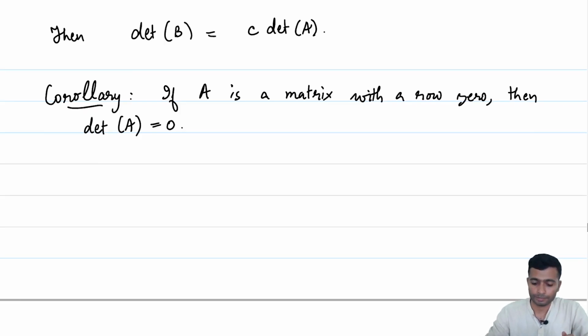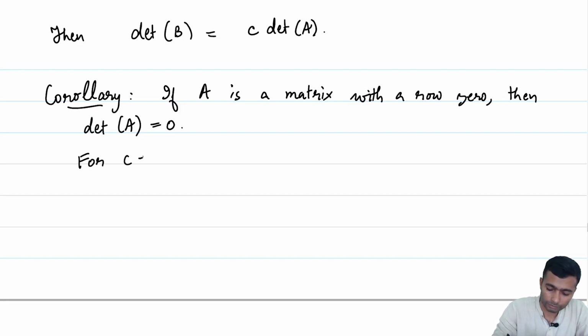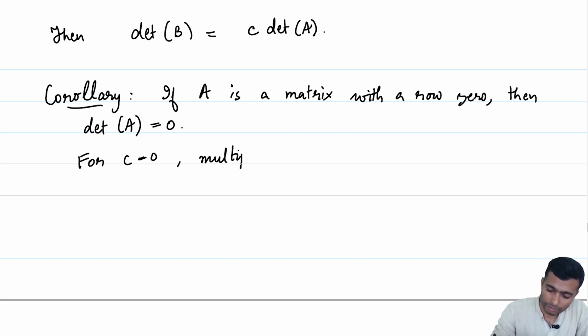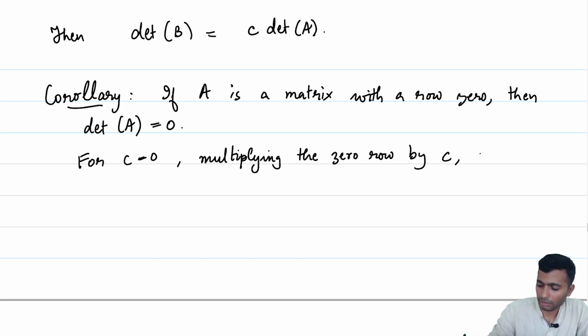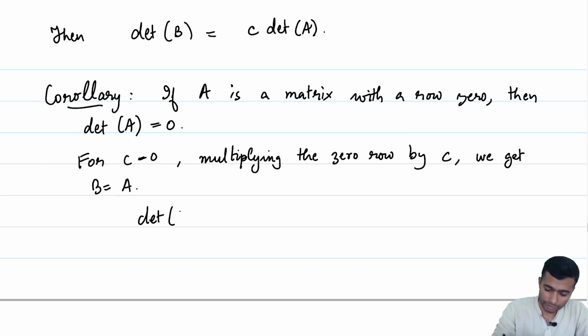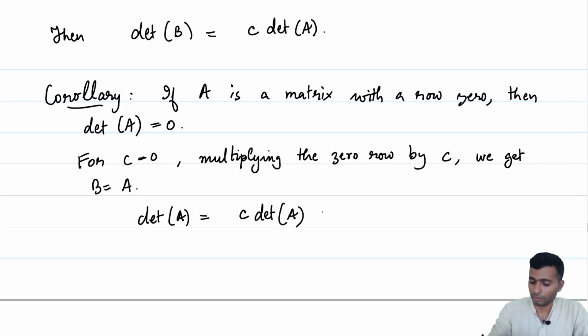So, for c equal to 0, multiplying the 0 row by c, we get B equal to A, and therefore the determinant of B, which is now the determinant of A, is equal to c times the determinant of A. But c is 0, which is equal to 0, and therefore, if you have a matrix which has one row 0, then the determinant is 0.